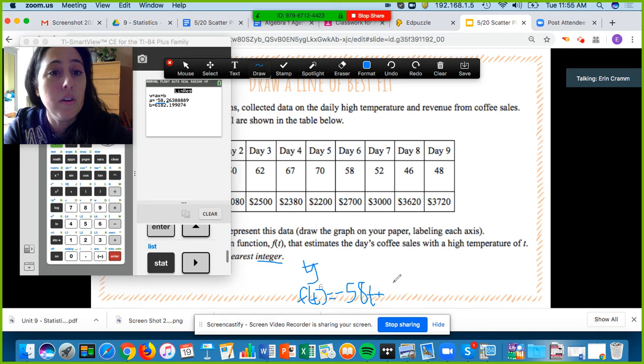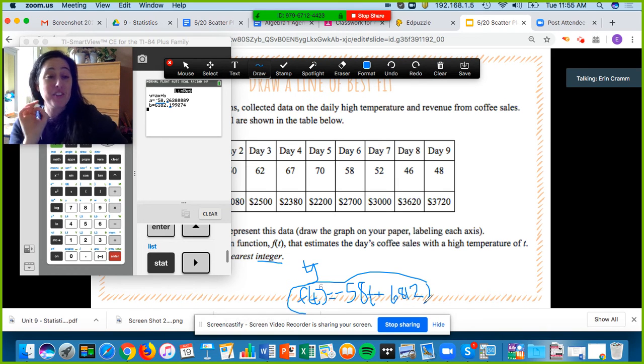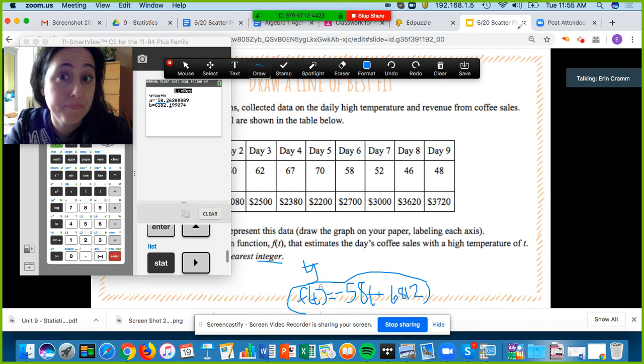Then 6182, so 6, 8, 1. Does it stay a 2? Yeah, I look at the next digit after the 2, and it's not a 5 or above, so it stays there. So this right here is my linear regression, the most accurate line of best fit that the calculator can give you.